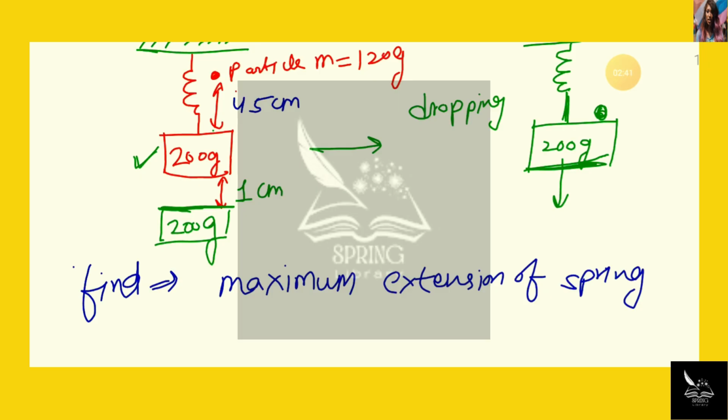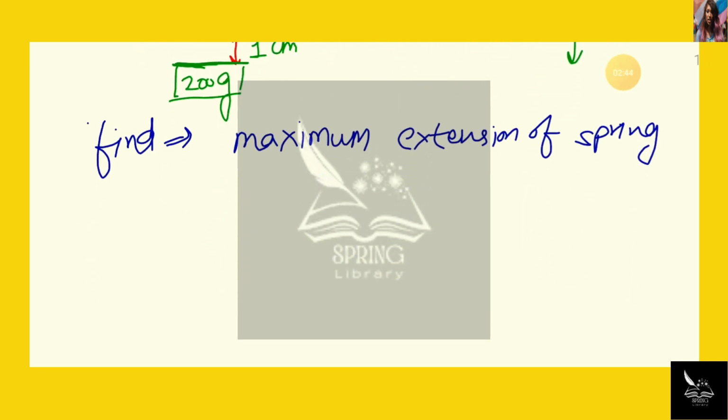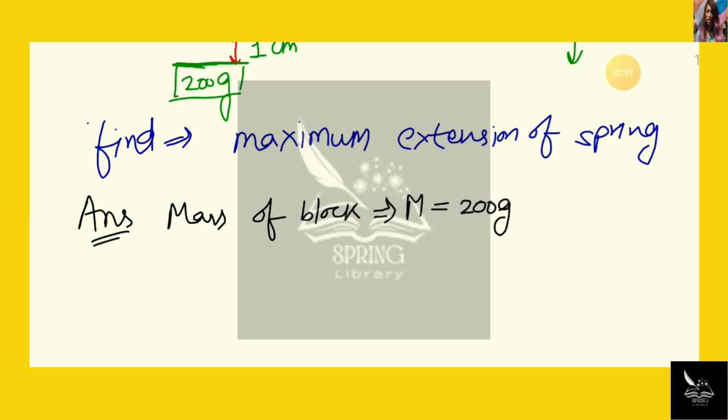In the answer, the mass of the block is given: capital M is equal to 200 gram, or in kg it is 0.20 kg.